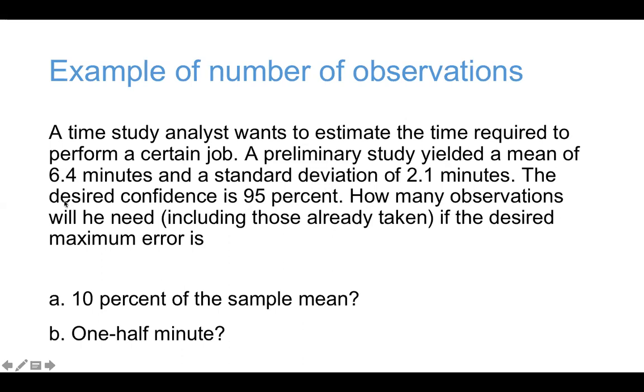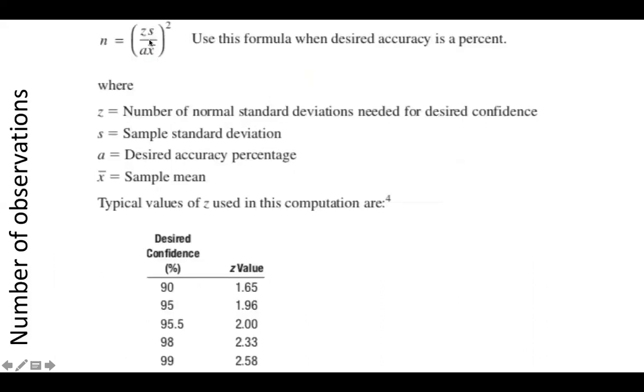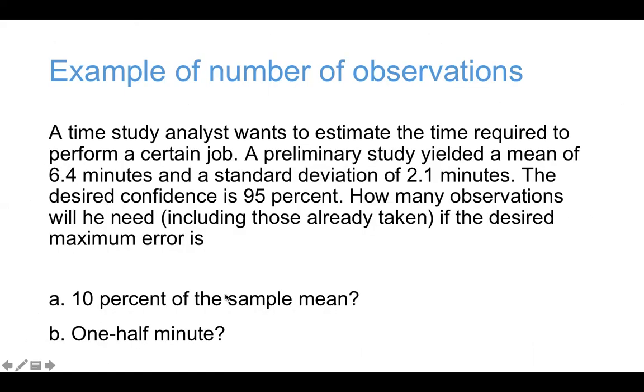How many observations will be needed if the desired maximum error is 10%? When it is a percentage, your formula will be this one: Z divided by X bar. And when it is not in percentage, say for example the desired error is 0.1 minute, that means it is an amount, not a percentage form.